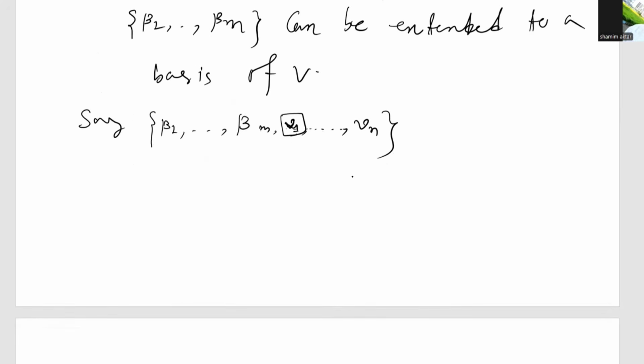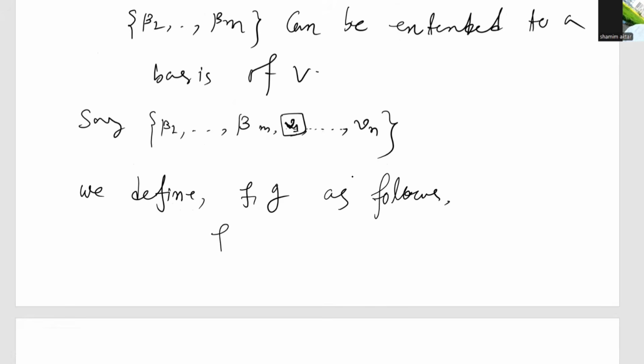Now we define linear maps f and g as follows. f of beta i equal to g of beta i for the given condition, because beta 1, beta 2 are elements of S, for all i equal to 1 to m.